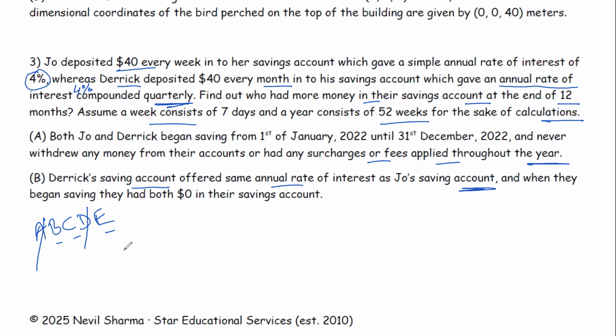So that's another crucial piece of information which was missing. Anyway, coming back to B: Derek's savings account offered the same annual rate of interest as Joe's savings account. And when they began saving, they both had zero in their savings account.